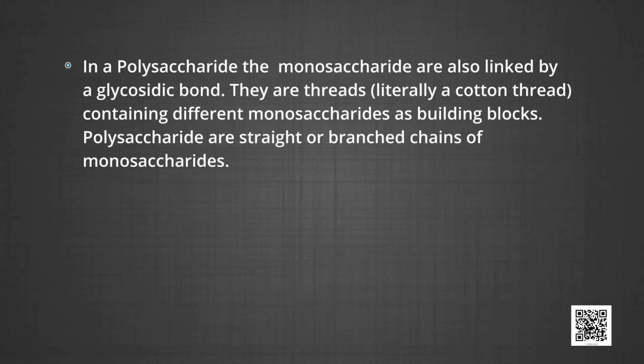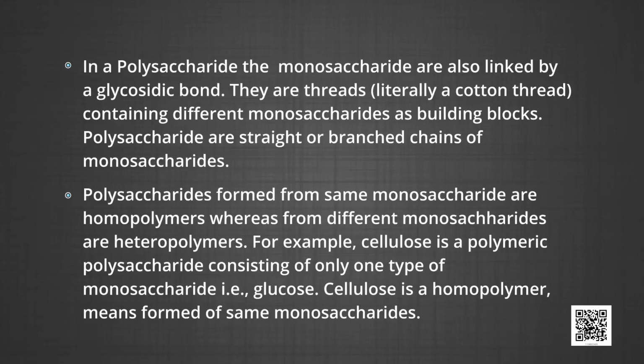Polysaccharides are straight or branched chains of monosaccharides. Polysaccharides formed from the same monosaccharide are known as homopolymers, whereas those formed from different monosaccharides are known as heteropolymers.